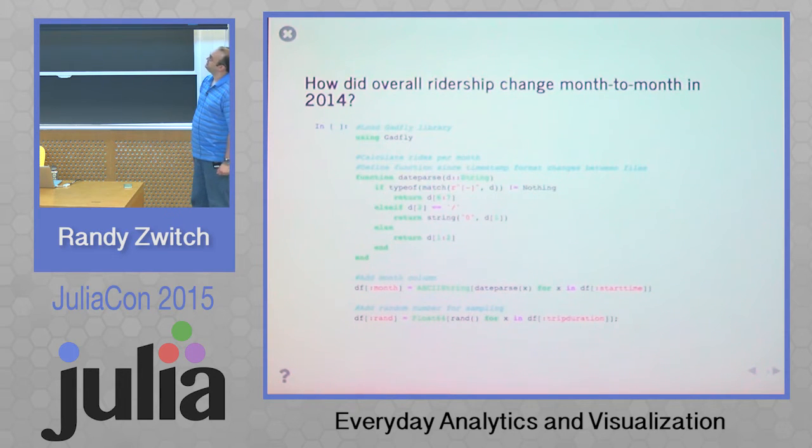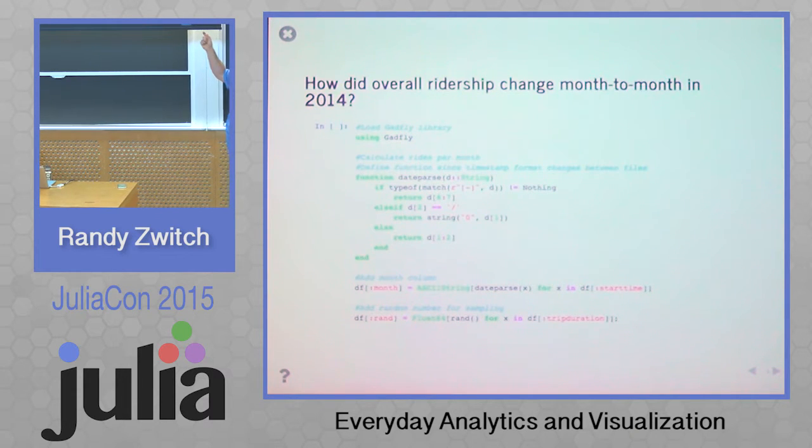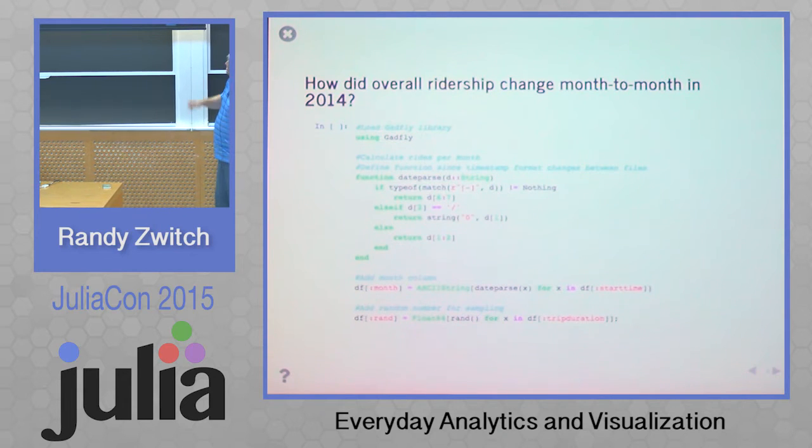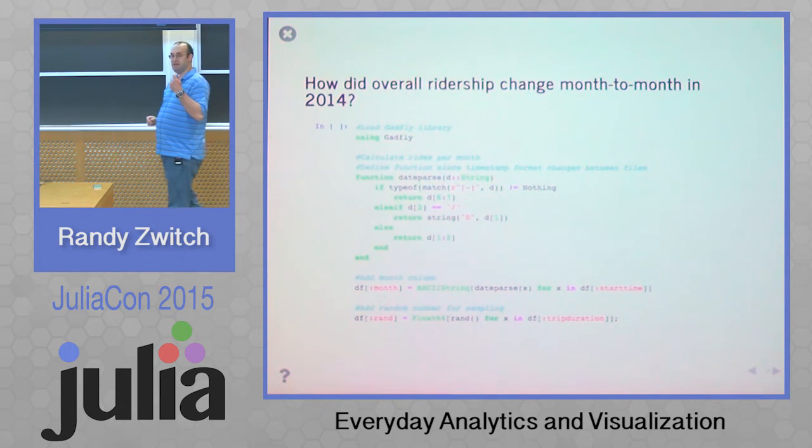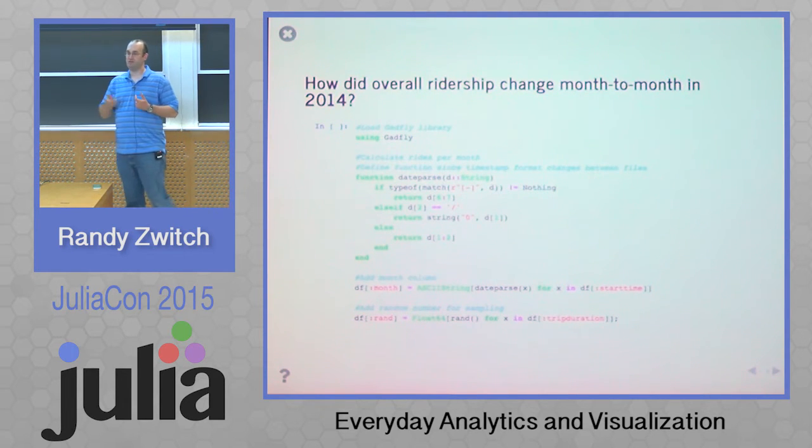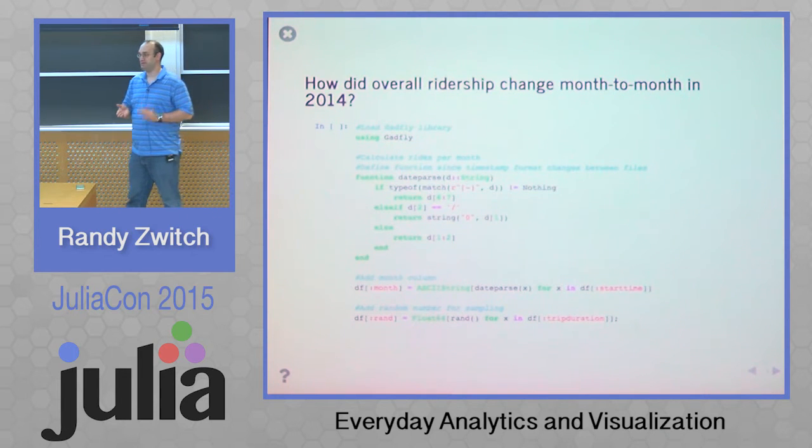So there's a simple function here to actually fix that. What we have is a date part function that I wrote that just takes in a string, and it does a simple match, not a regular expression, to understand whether they're using hyphens or slashes between their dates.